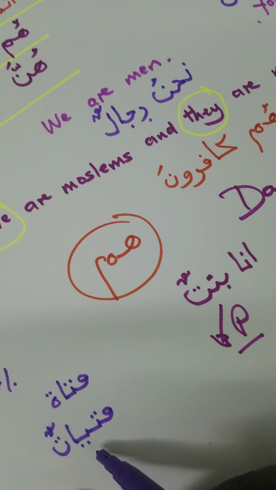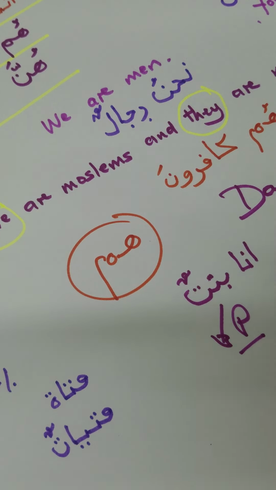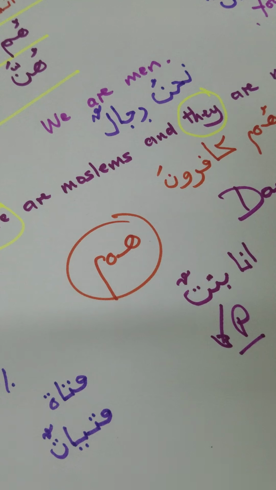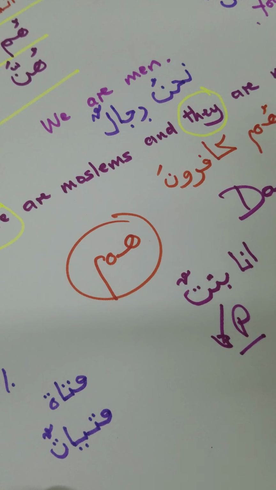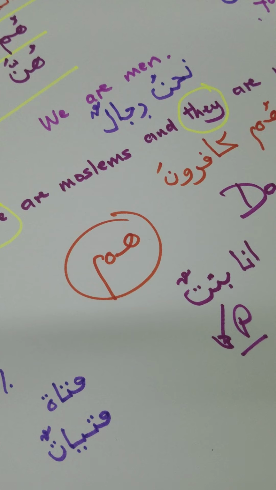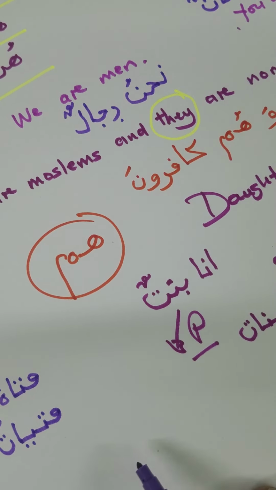I'm using this word particularly because there is no way you can use a male pronoun on this word. This word is basically female, so you look out for words like antuma. Okay, it's alright for girls. You can use hunna, but there is no way you can use a male one. But whom can be used interchangeably. Most people will use the word whom even on females, but you cannot use hunna on males. So you can say nahnu fatayatun.